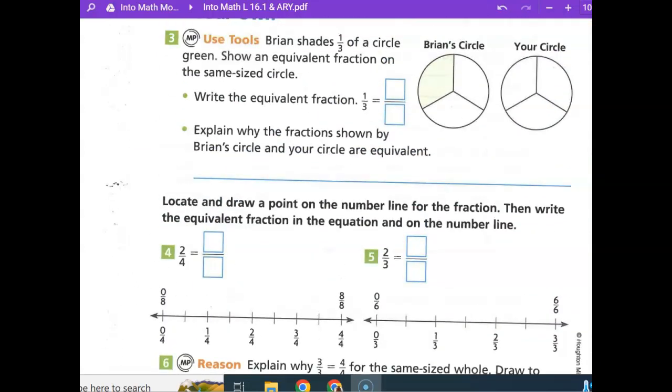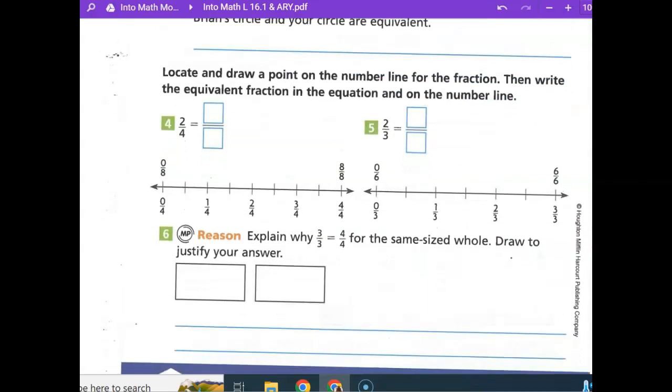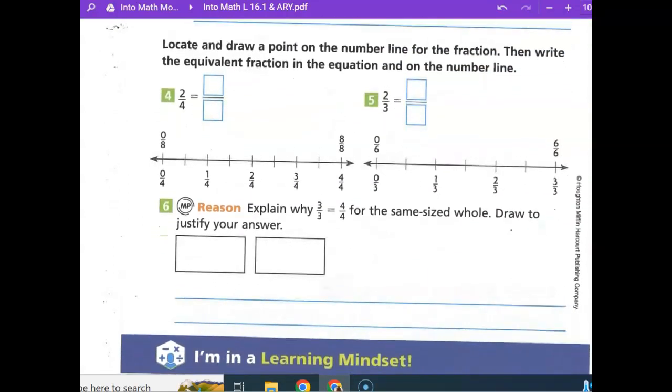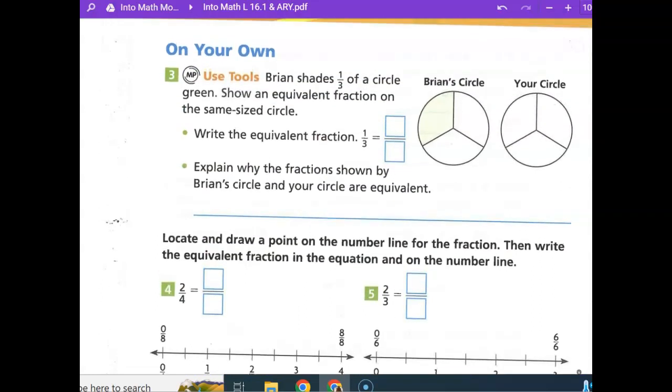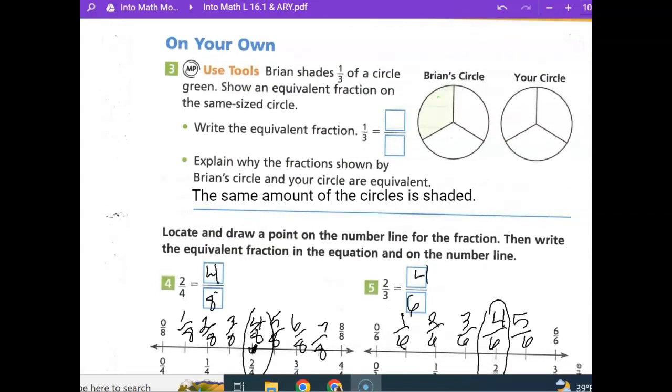I want you to go ahead and do 3 and 4 and 6 on the back, and then come and check if you are correct. Brian shades 1/3 of the circle green. It's already shaded on your paper, but I don't think you can see it very well on camera, so I'm going to shade it. And show an equivalent fraction of the same size. So we're going to shade this 1/3. And then we're going to divide this.